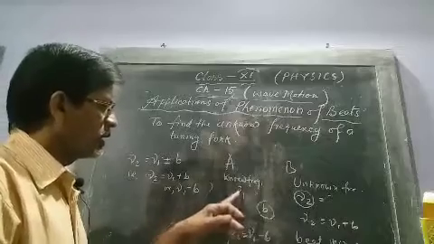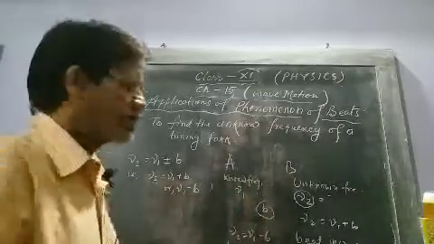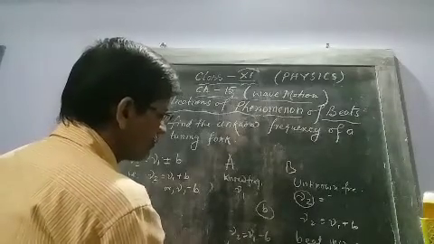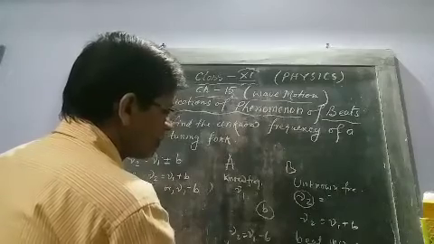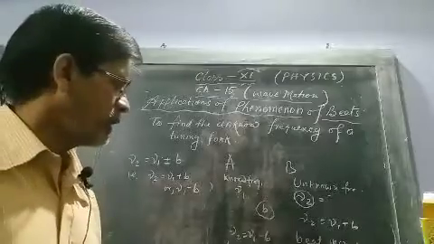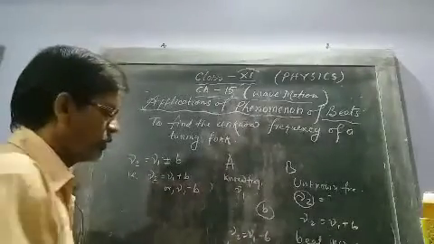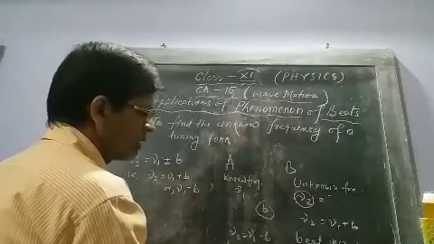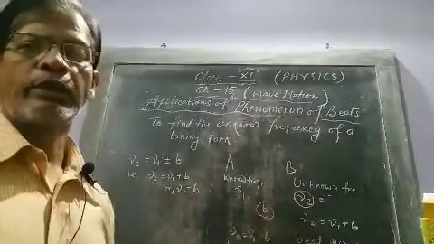Increase means this difference decreases, that means the beat decreases. So if on filing the beat frequency decreases, then the frequency of the unknown tuning fork is nu2 equal to nu1 minus b. This is totally reverse of loading.